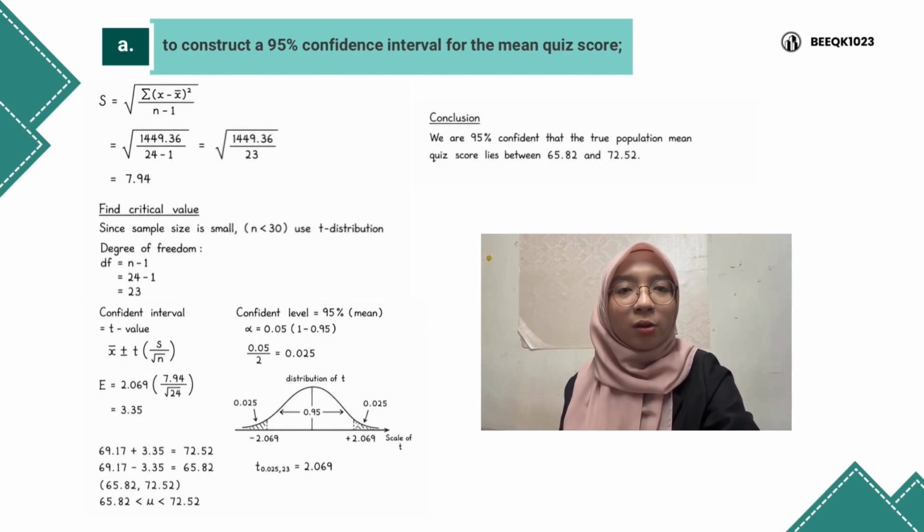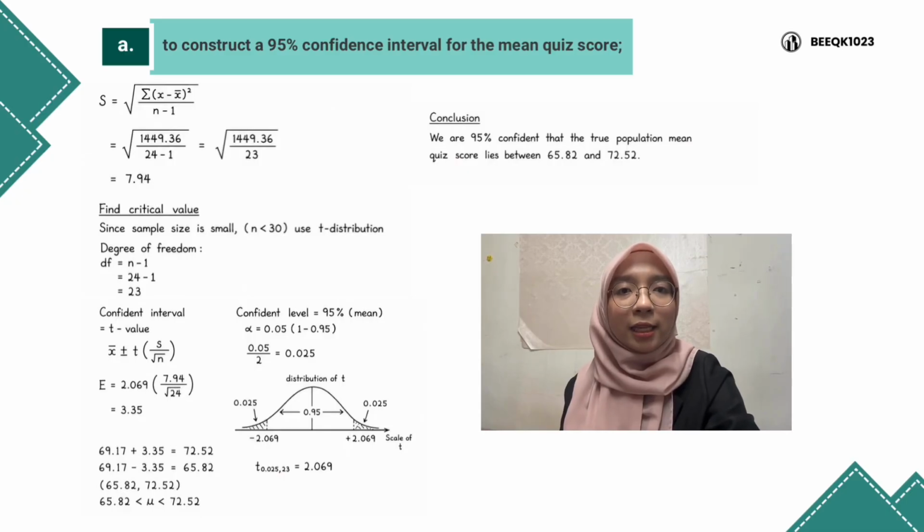Next, we construct the confidence interval by adding and subtracting the margin of error from the sample mean. The lower limit is 69.17 minus 3.35 equals 65.82. The upper limit is 69.17 plus 3.35 equals 72.52.